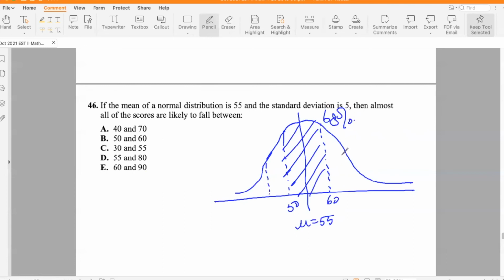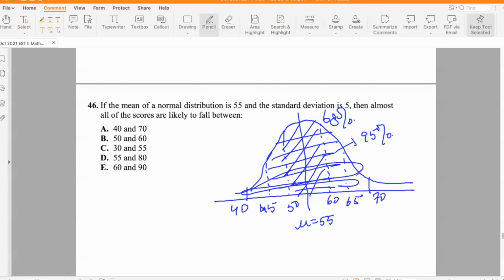Two standard deviations, which would be 65 and 45, would cover, I think, 95%. And three standard deviations, which will be 40 and 70, this will cover 99.7%. So almost all of the scores will lie between 40 and 70.